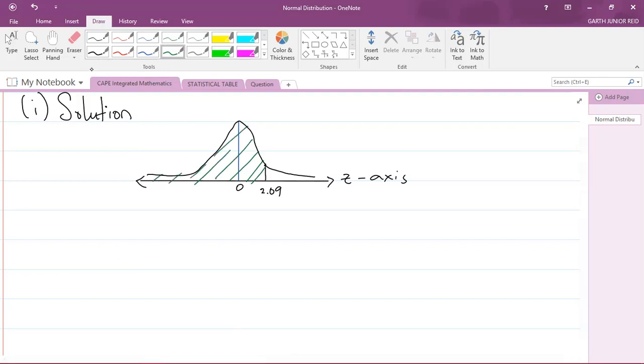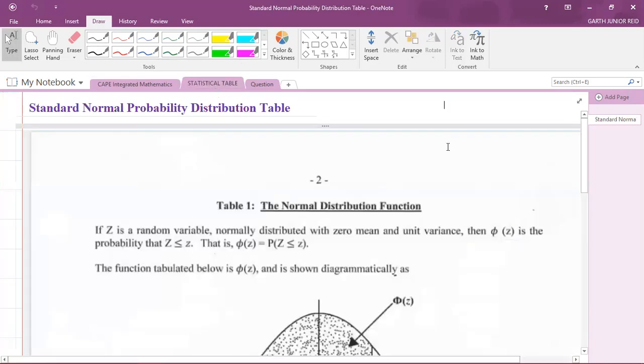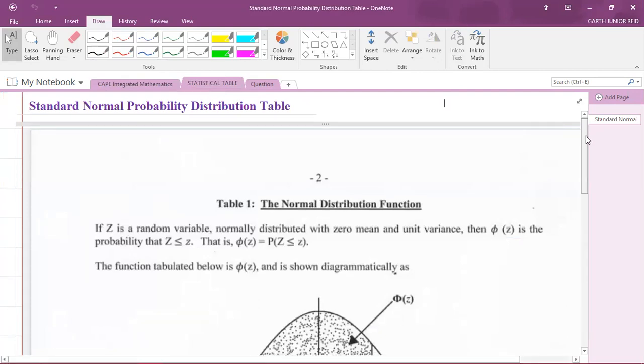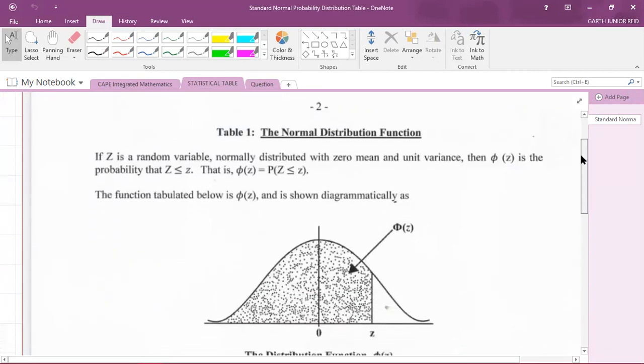That probability. Good. So I'm now going to find the probability when z is less than or equal to 2.09 by using the normal distribution table on the formula sheet. This is the table that you will get in your formula sheet in the exam.